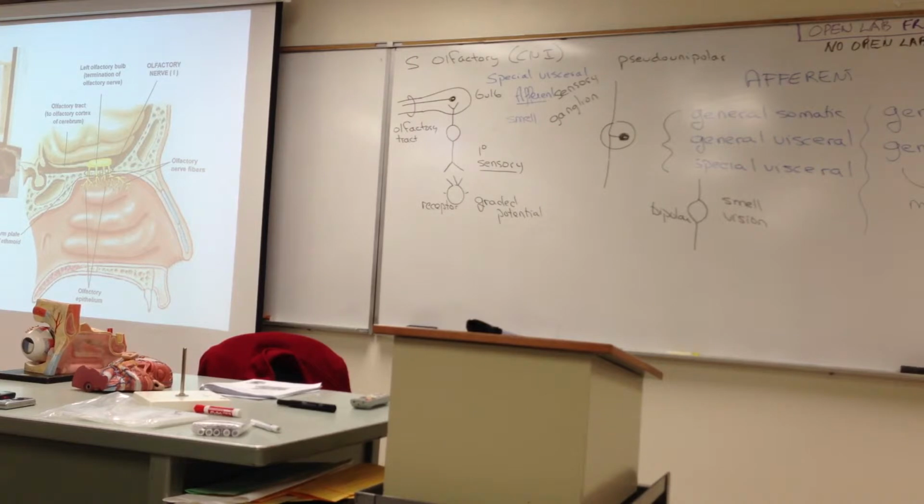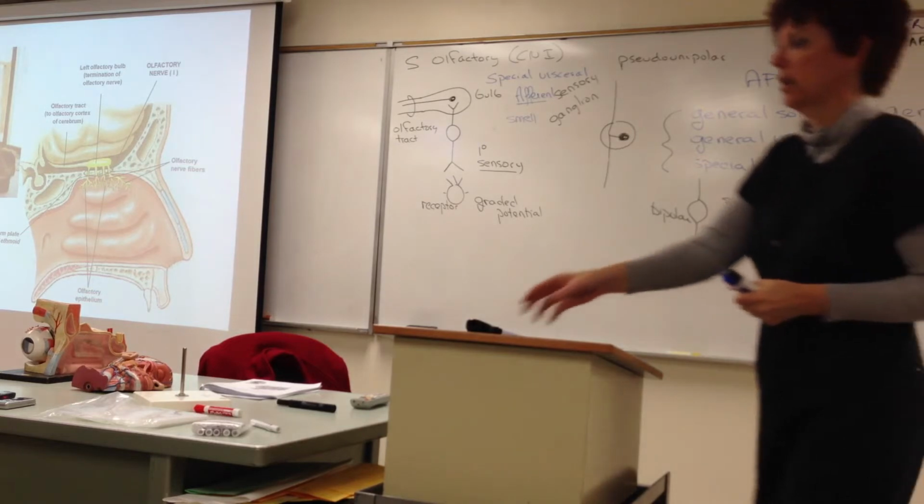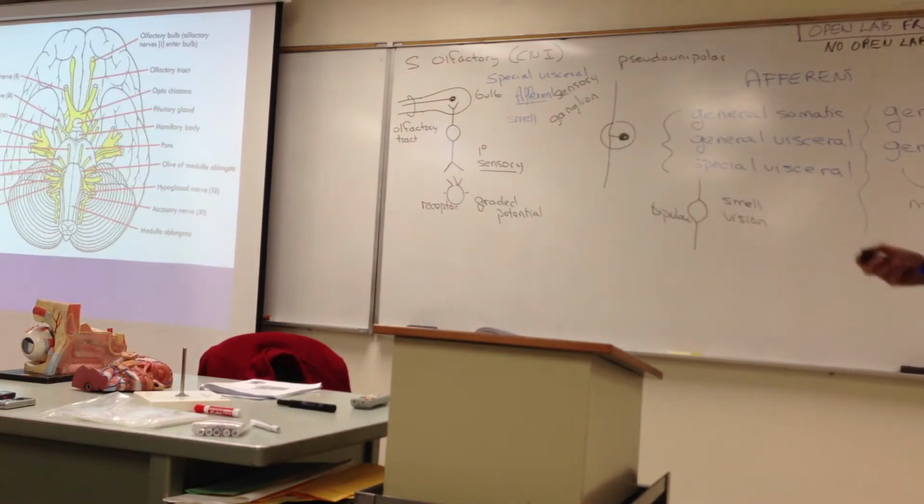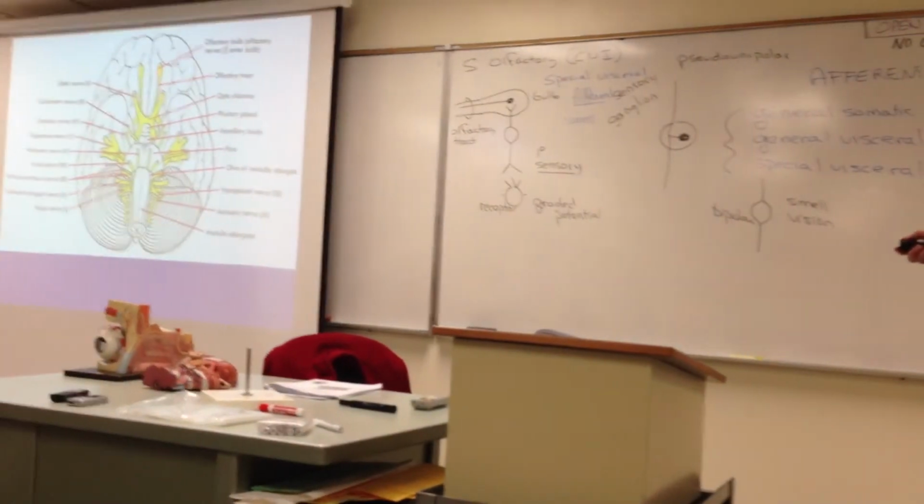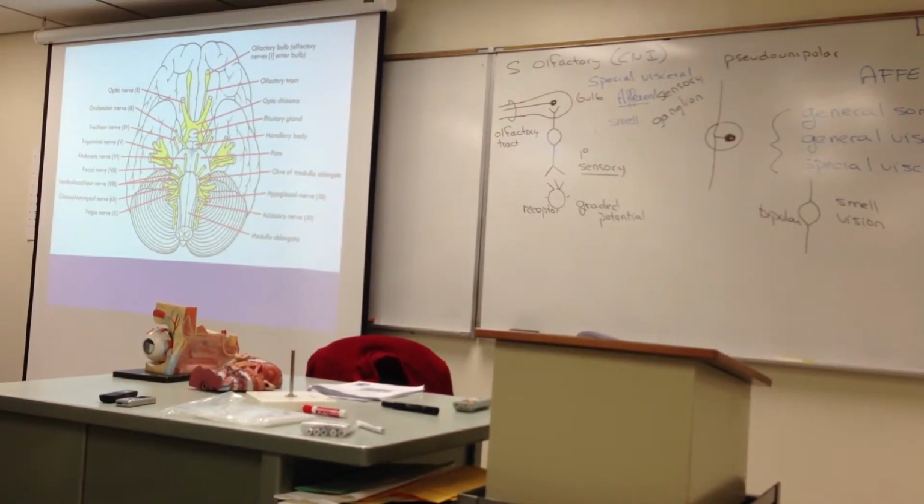So for those of you that just came in, we're going back to the cranial nerves we started on Tuesday and going in a little bit more information that's on the lecture notes. All right, so here's the olfactory bulb and tract, but if I say identify this cranial nerve, again, olfactory nerve is fine. All right. Now we're going to look at the optic nerve, and remember, vision uses the same bipolar type of system.